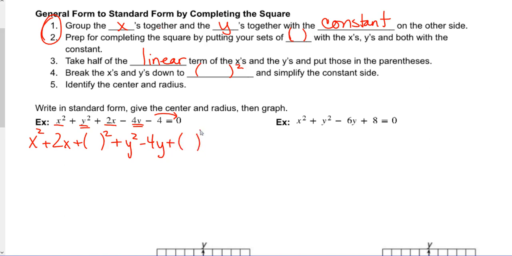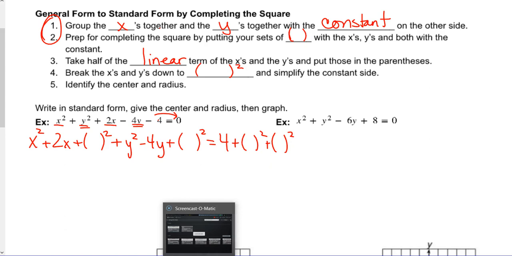So remember, we take half of the linear term and add the square of that to both sides. And then set that equal to, when I bring that 4 over, by adding that 4, that means if I'm going to add this in over here, add this in over here to keep it balanced, I have to add them in on this side as well. Okay?